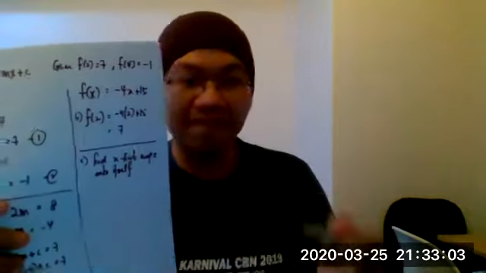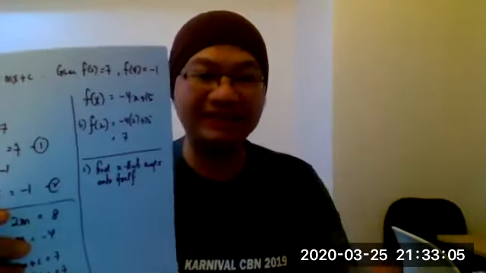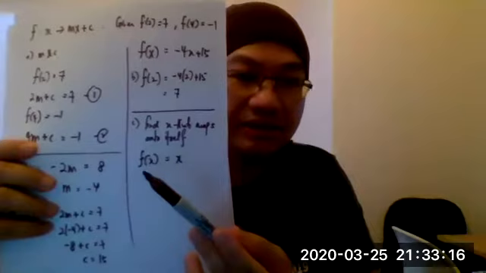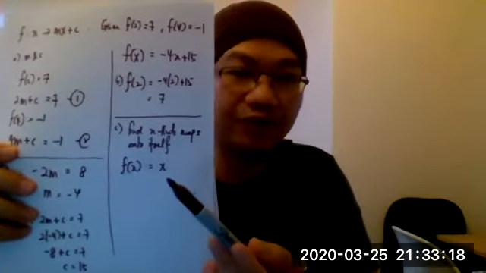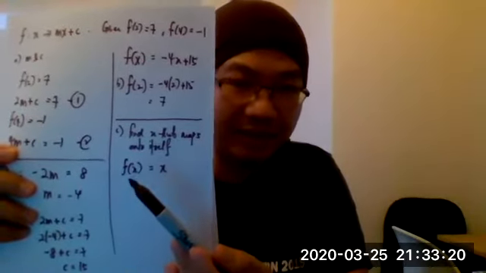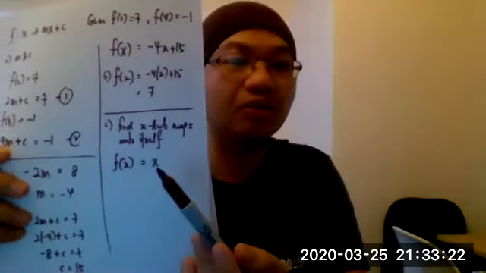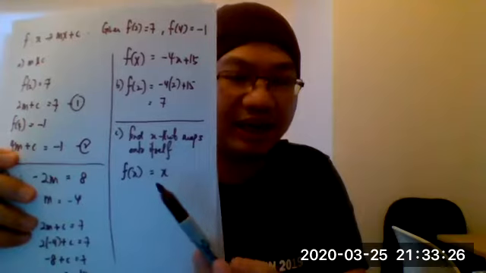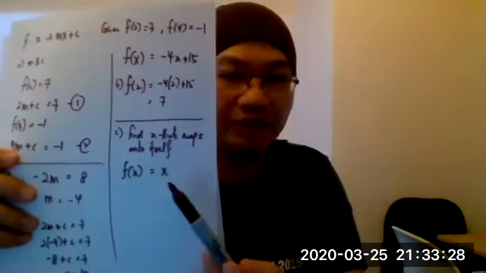Okay, apa maksud dia? What is meant by question C? Question C means f(x) equals to x. The function f(x) equals to x. That means this x is the object, and the image is also x. That means object and image share the same common value.